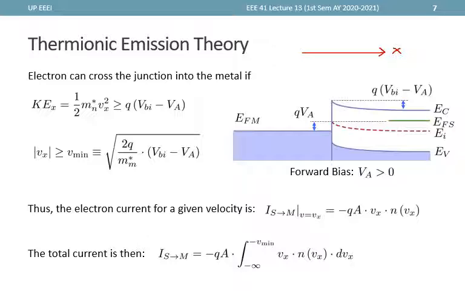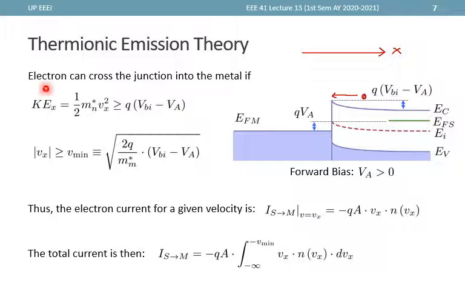Now consider an electron entering the depletion region from the semiconductor bulk. It will only be able to cross the junction if it has enough energy beyond the barrier it sees from the semiconductor side, which is this Q(VBI minus VA).